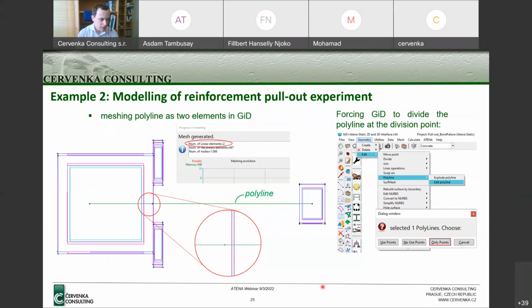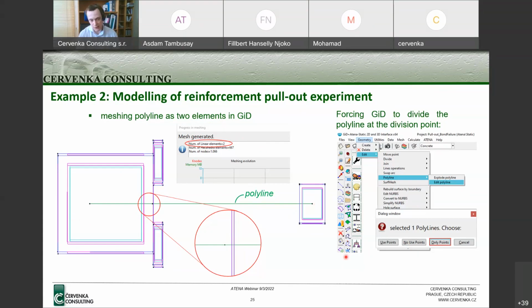In GID, I will mesh this reinforcement as a polyline with one node just before the end of the concrete cube. My goal is to have two linear elements from the mesh in GID, one in here, one in here, and then when it's sent to ATENA Studio, the nodes will be generated in this manner.